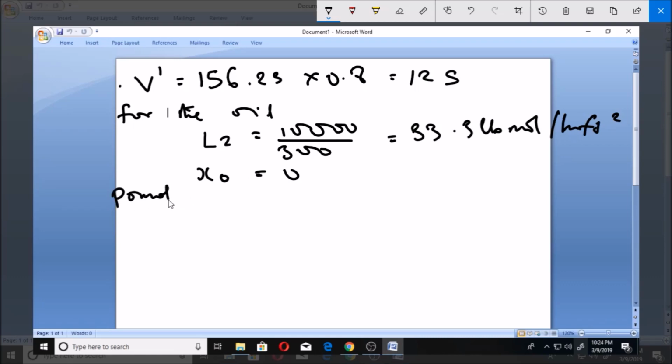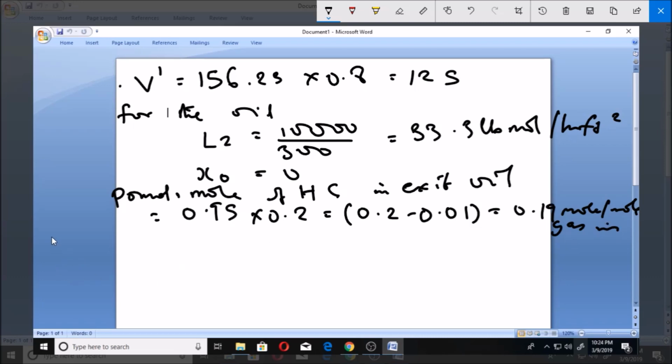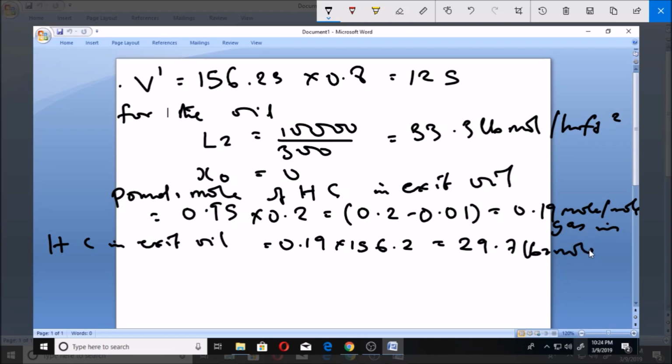Now if we calculate the pound moles of hydrocarbon in exit oil, it is 0.95 times 0.2, which is 0.2 minus 0.01, giving us 0.19 mole per mole gas in. So the hydrocarbon in exit oil is equal to 0.19 times 156.2, which is 29.7 pound moles.